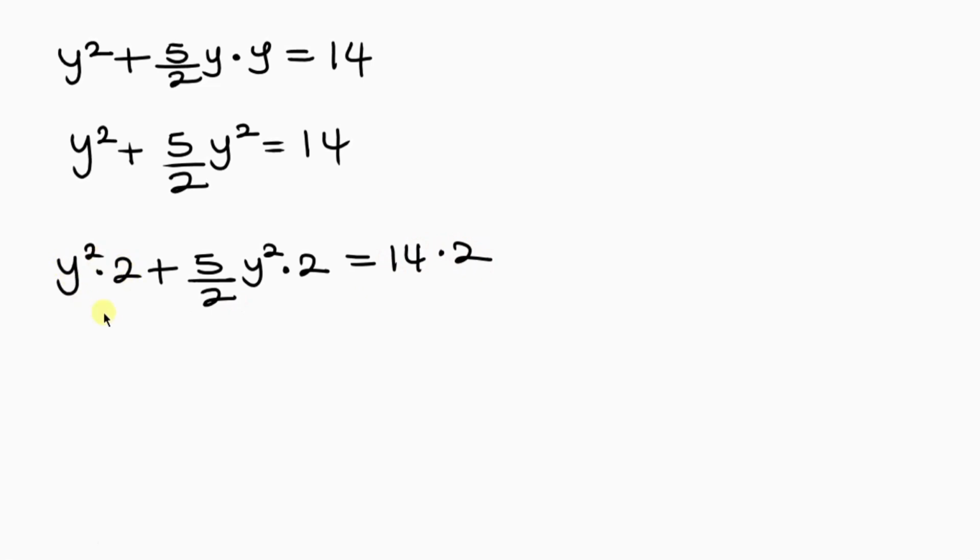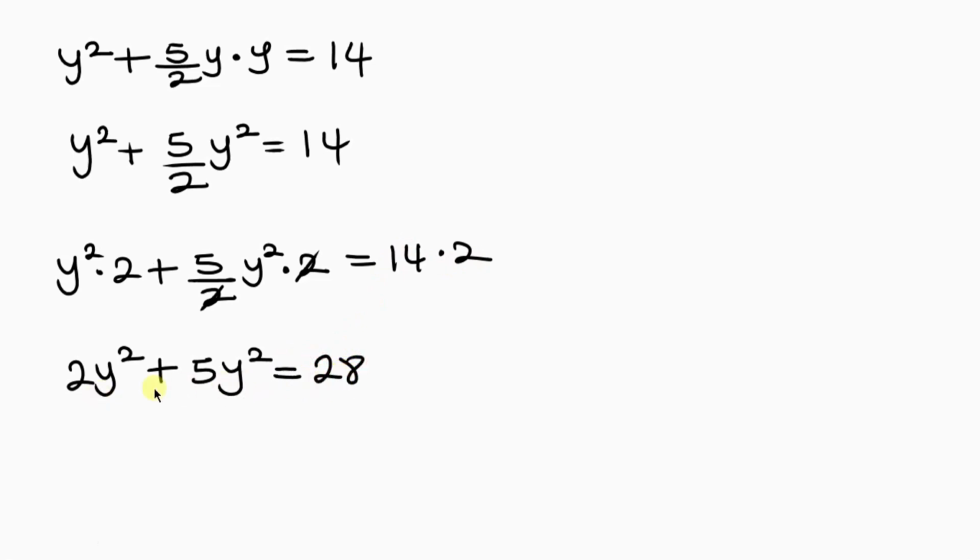Now y squared times 2 is 2y squared plus, now this 2 can cancel out this 2, leaving behind 5y squared to be equal to 14 times 2 is 28.